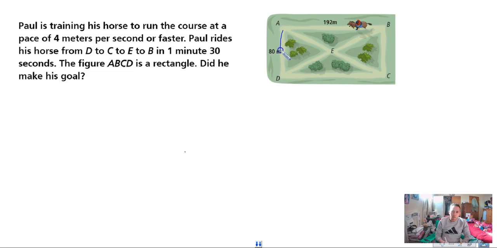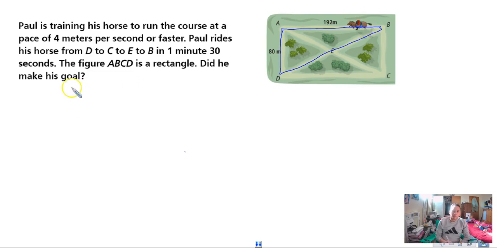So this is a right triangle. We already have the measurement of AB and of AD, so we have to look for the hypotenuse, which is your DB or BD.